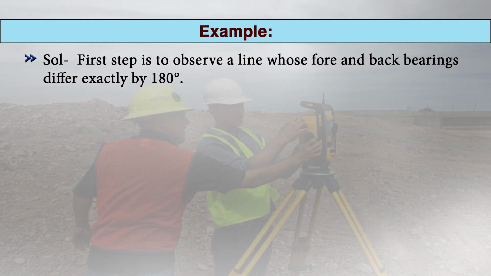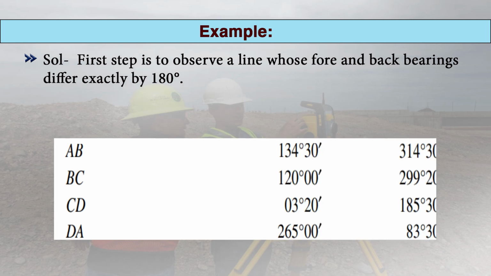To solve this question, the first step is to observe a line whose fore and back bearing differ exactly by 180 degrees. As you can see, the numerical values of the fore bearing and back bearing of line AB are the same. Hence, stations A and B are free from local attraction, and therefore the fore bearing of BC observed at station B is accepted to be correct.